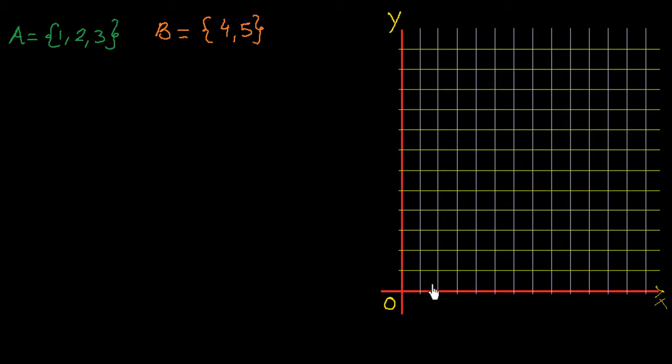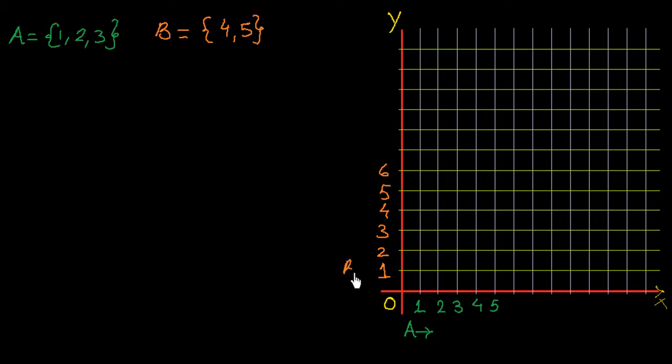So we plot the elements of set A on the x-axis: 1, 2, 3. We have the integers on the x-axis, and on the y-axis we also have the integers 1, 2, 3, 4, 5, 6, and so on.